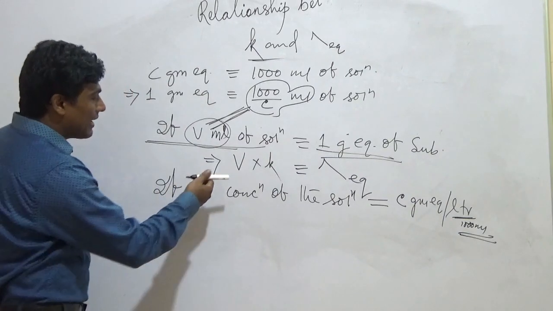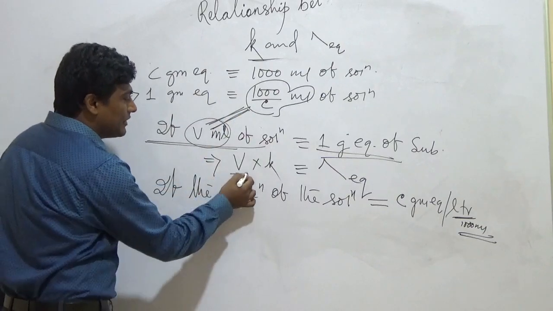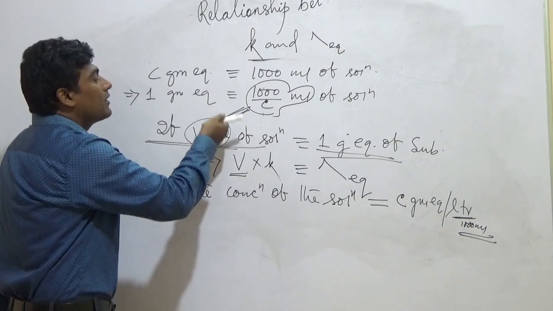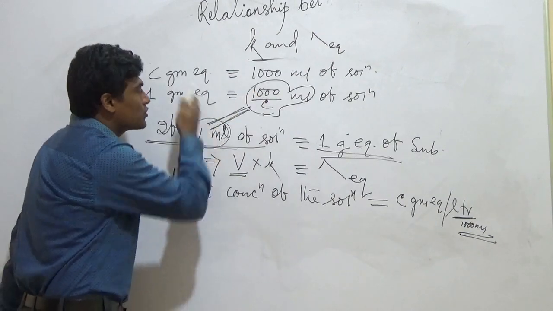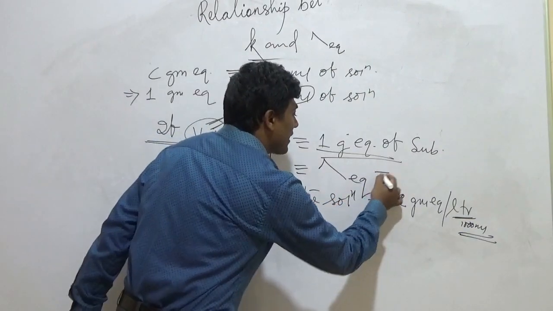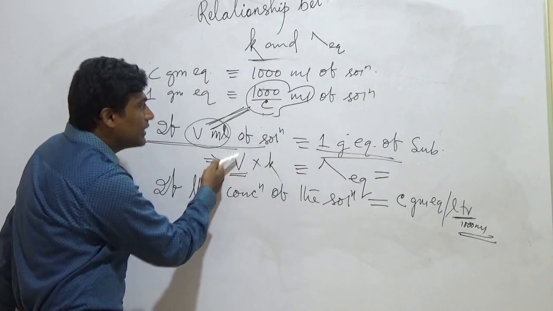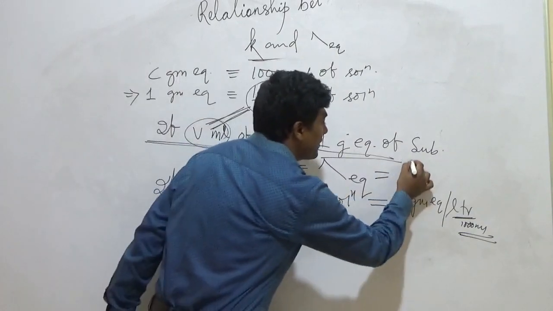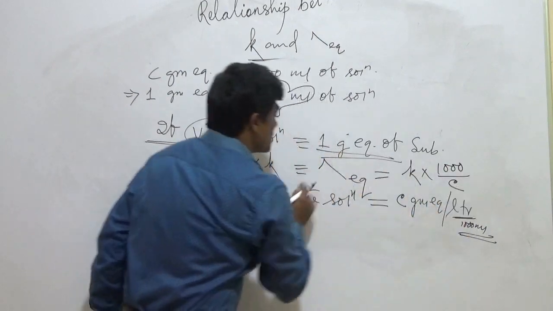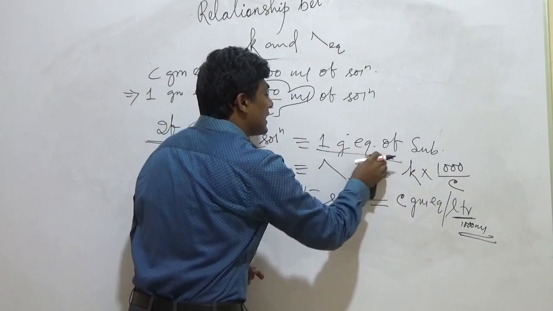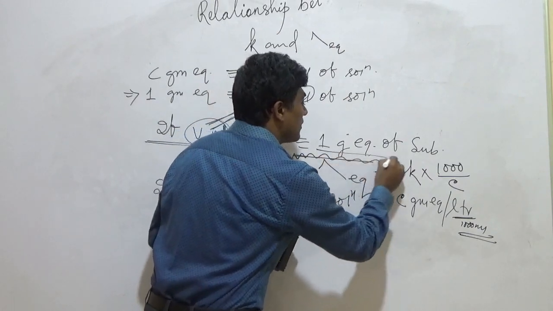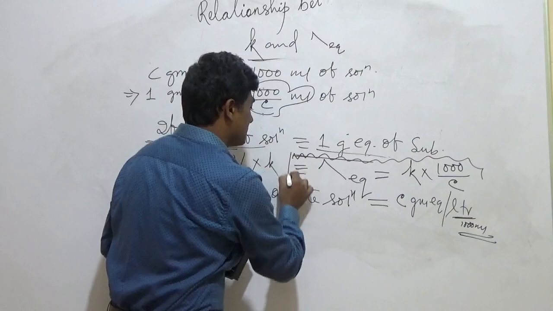So we can put V as 1000 by C. Since both 1000 by C and V ml of solution contain 1 gram equivalent, according to this relationship, lambda Eq is equal to kappa into V, that means kappa into 1000 by C. So this is the formula.